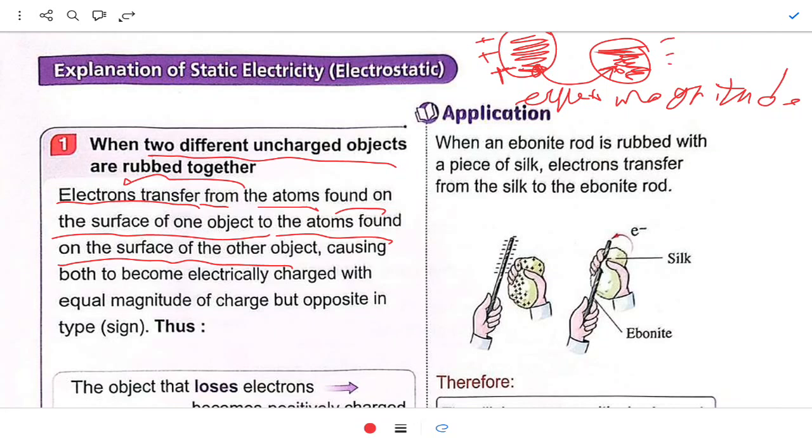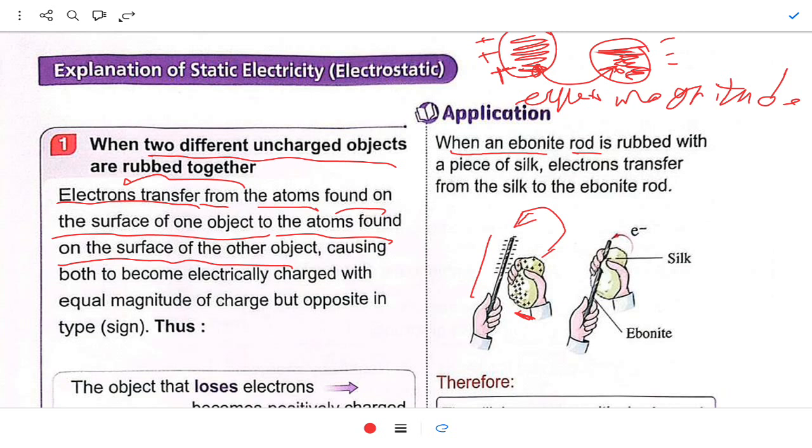So let's focus on this application. When an ebonite rod is rubbed with a piece of silk, electrons will transfer from the silk to the ebonite rod.